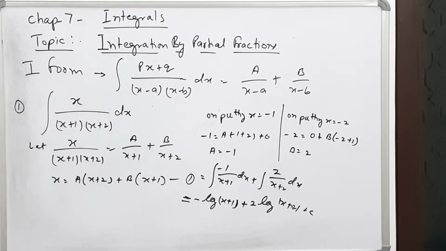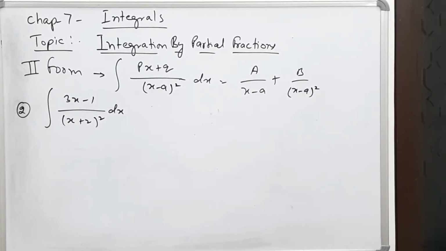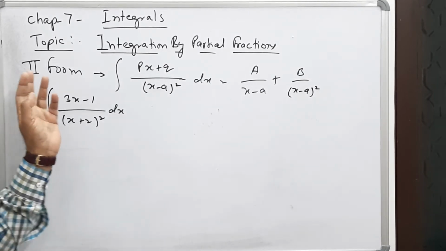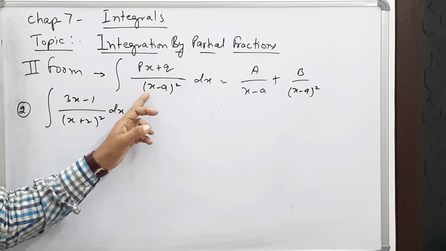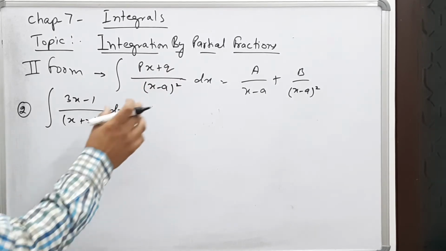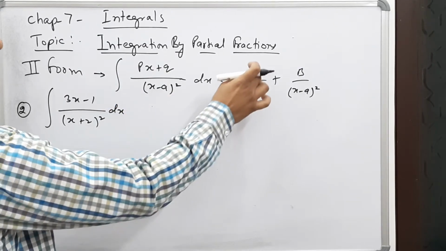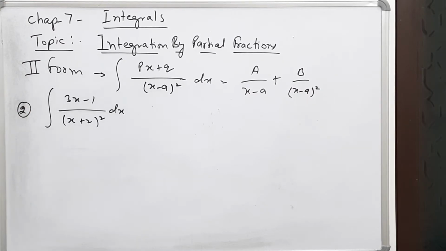Now I am taking the second form of integration with an example. Dear students, now you see the second form. It is (px + q) upon (x - a) whole square. So when we have (x - a) whole square, we write A upon (x - a) plus B upon (x - a) whole square.